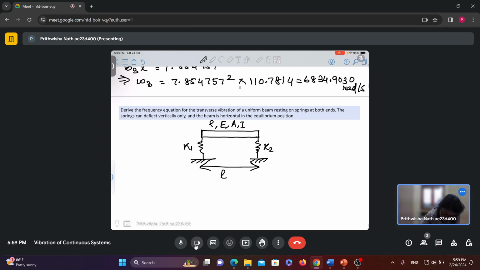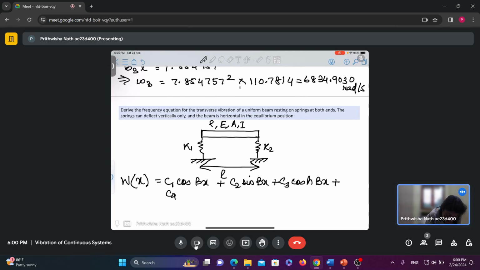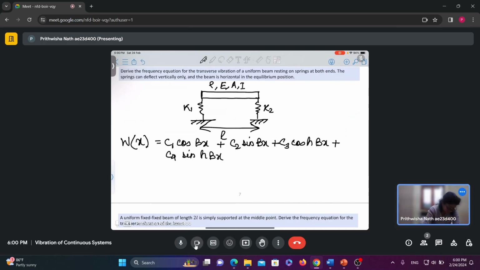So I can write W(x) equals C1 cos beta x plus C2 sin beta x plus C3 cos hyperbolic beta x plus C4 sin hyperbolic beta x. Here W(x) is the normal mode.